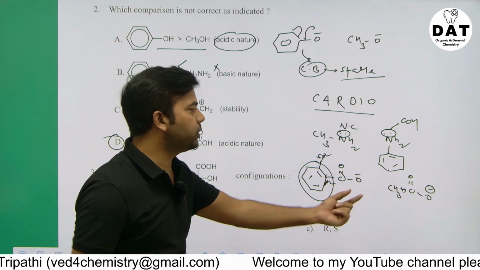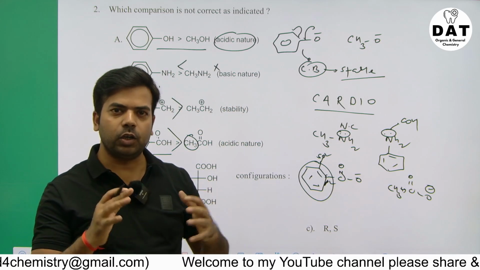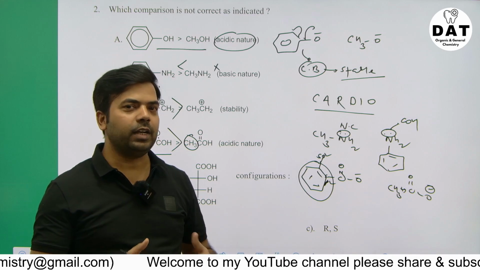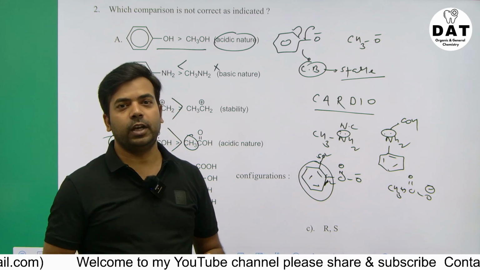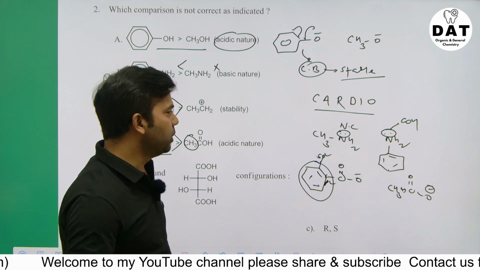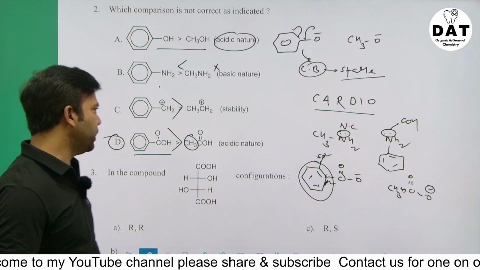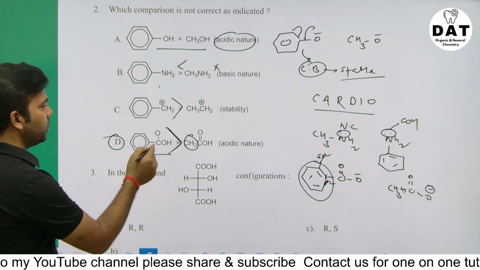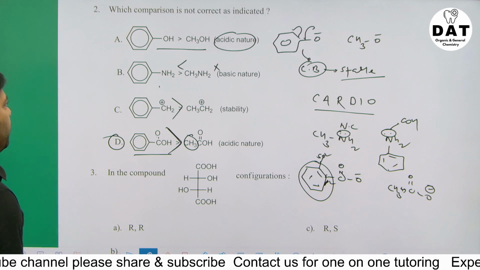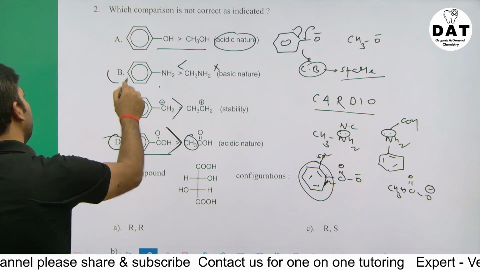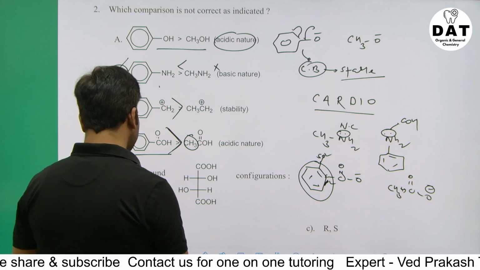Makes sense? And this is a propyl alkyl group which is a donor one. Once you attach a donor to the anion, that is always unstable, and once you attach a withdrawing group to an anion, that stabilizes the negative charge. So the more stable the anion, the more acidic the parent acid will be. So this is more acidic because the anion is more stable. So for question 2, it should be option number B. Clear? Now move to the next.